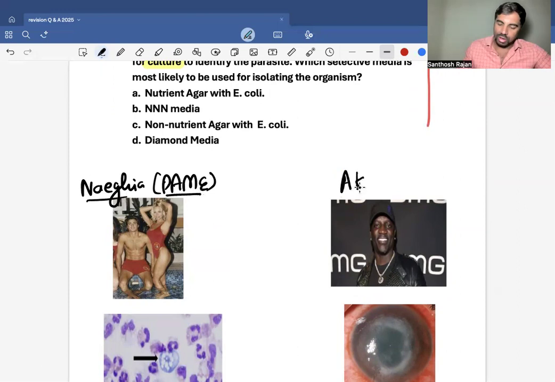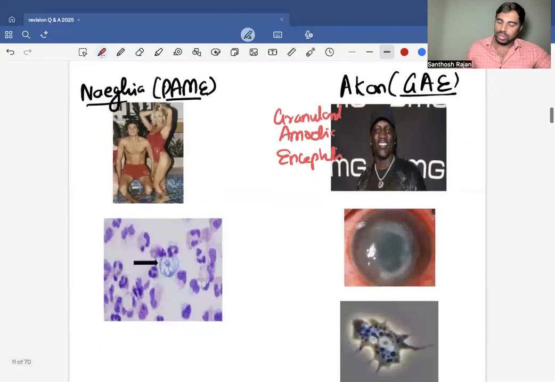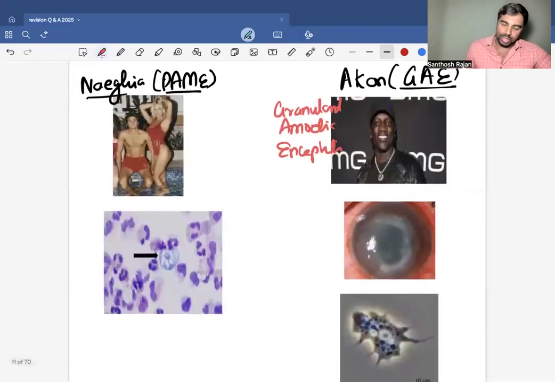Here, this is our Acanthamoeba. I always remember it as gay, because the disease caused here is called granulomatous amoebic encephalitis. You can see here how it looks, some amoeboid form. It is because of contact lens.